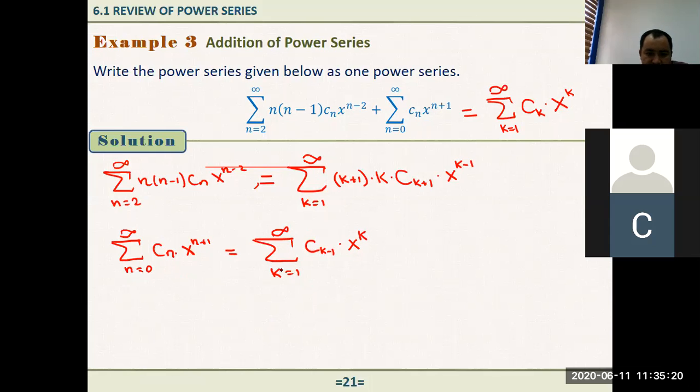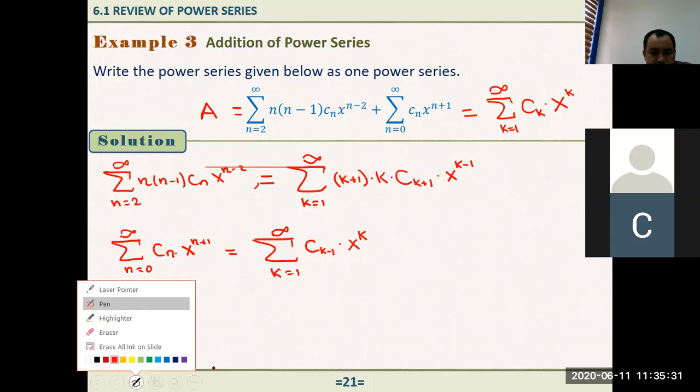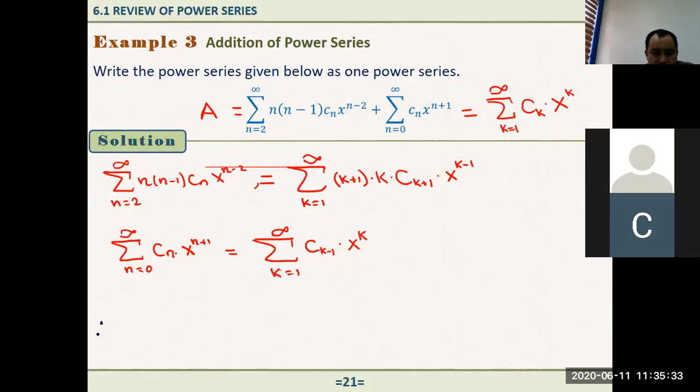Now here, sigma notation, k equals 1, k equals 1, everything is the same, right? So let me just write this thing. Now, what is it? It is this plus this. So I can just write a single sigma notation, k equals 1 to positive infinity, because it's a common thing.